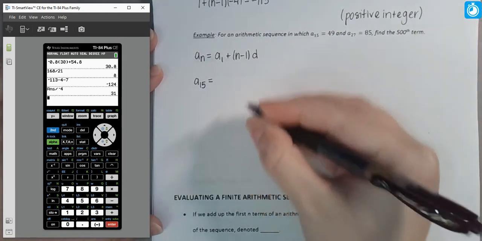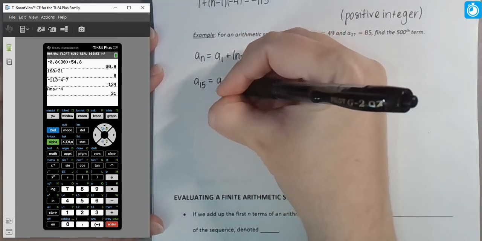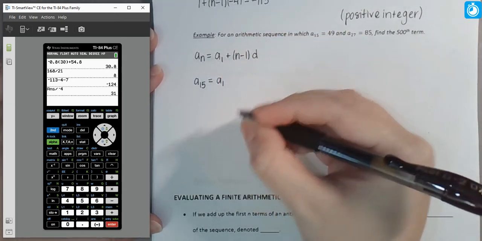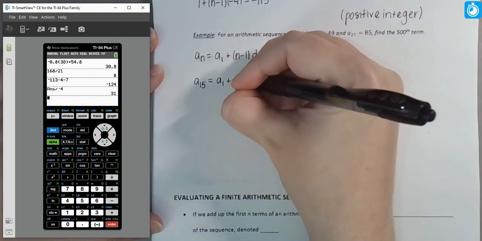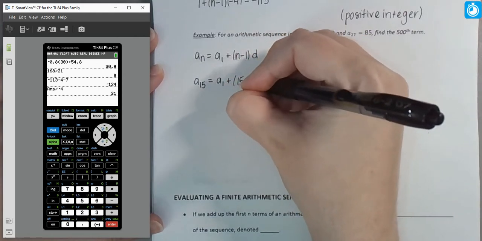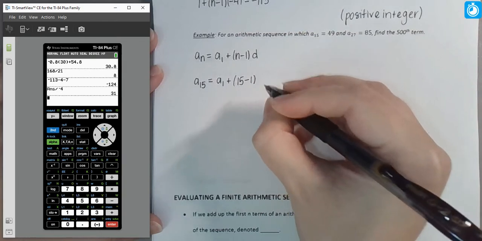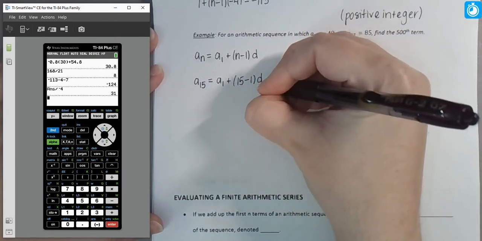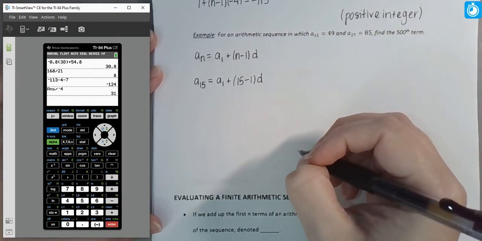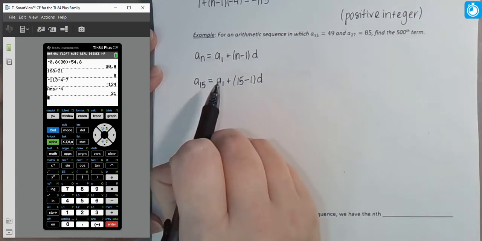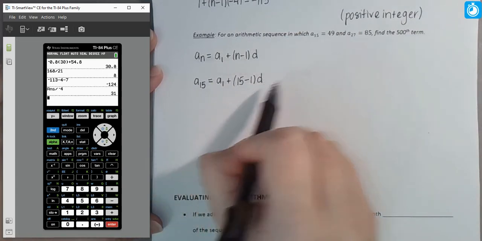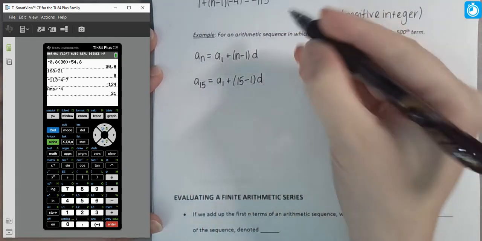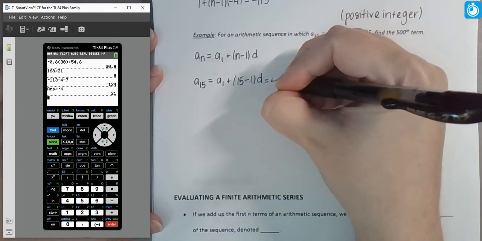For a sub 15, we know that it's going to be our first term, whatever that is, we don't know what it is right now, plus n, which is 15, minus 1, times d, which again, we don't know. That's still unknown. But we know that whenever we evaluate whatever this is, it's going to simplify to 49.